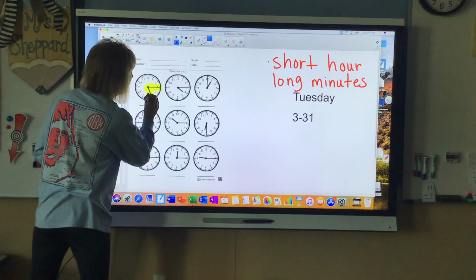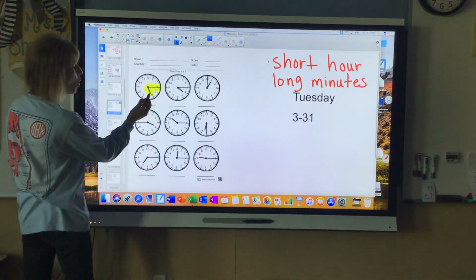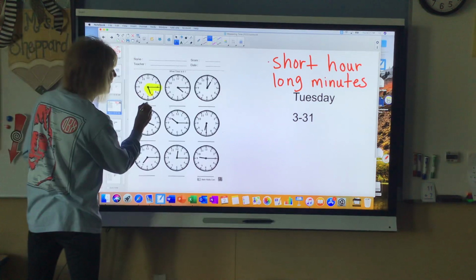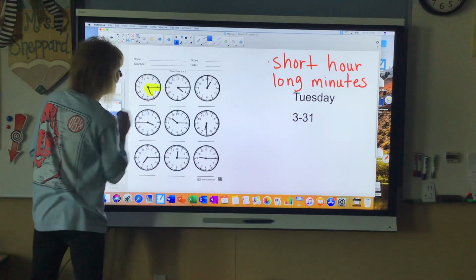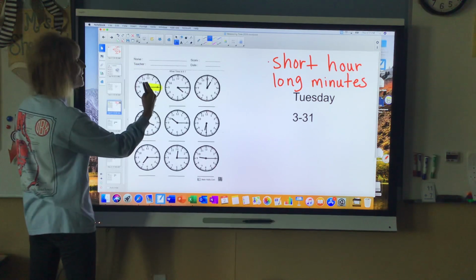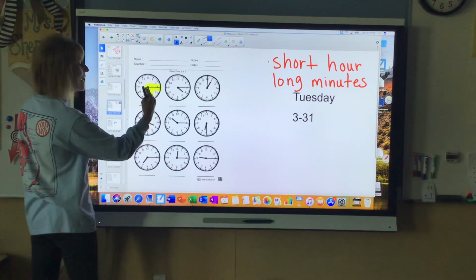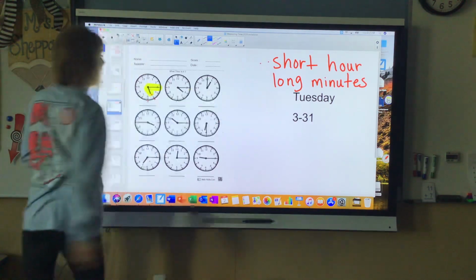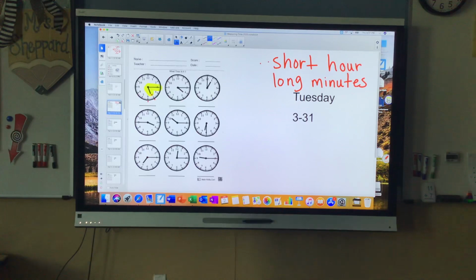I'm going to put a little red point right where my shorthand is pointing. And I notice my shorthand is pointing between the 5 and the 6. It's after the 5, it's not yet on the 6, which means my hour hand is telling me it's after 5, but it's not yet 6.